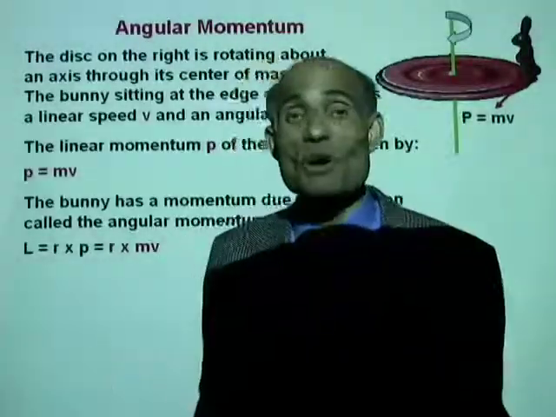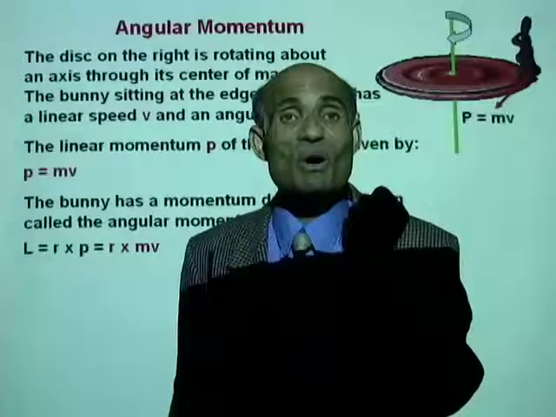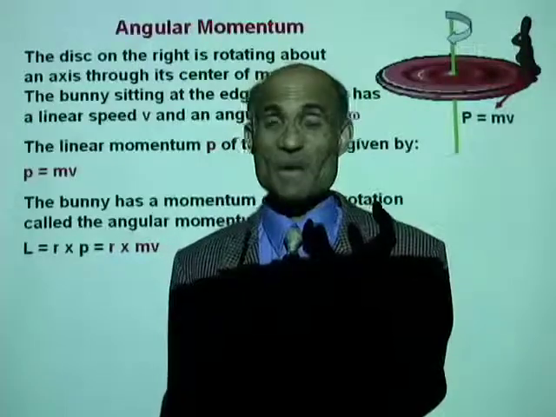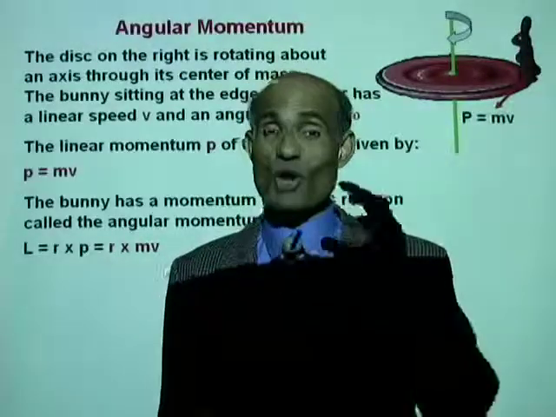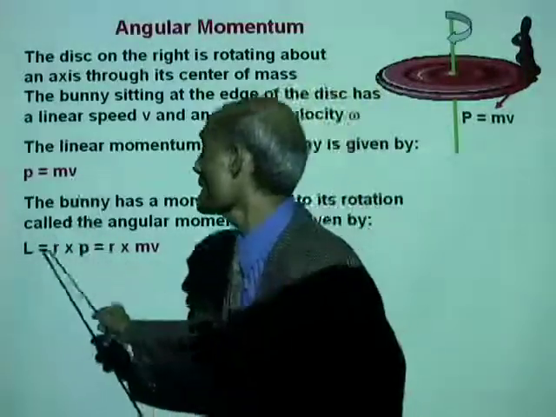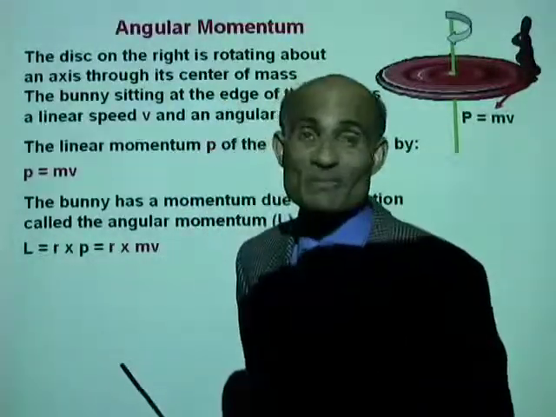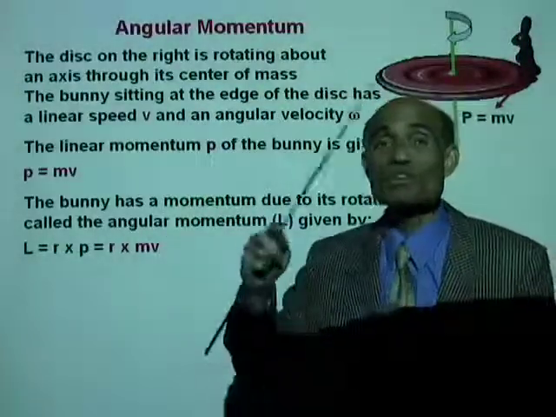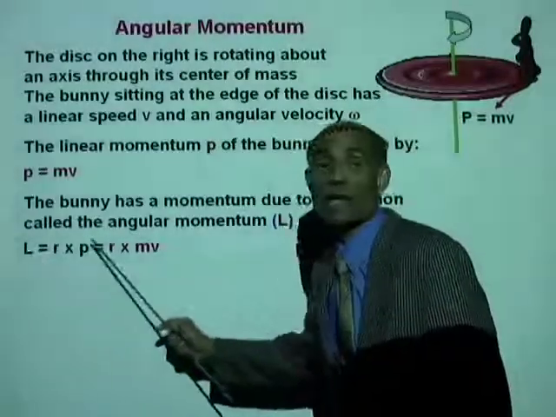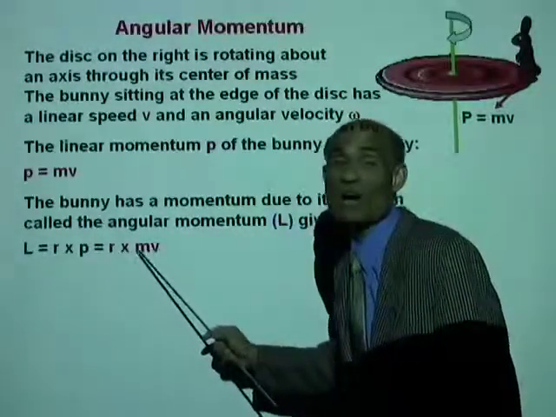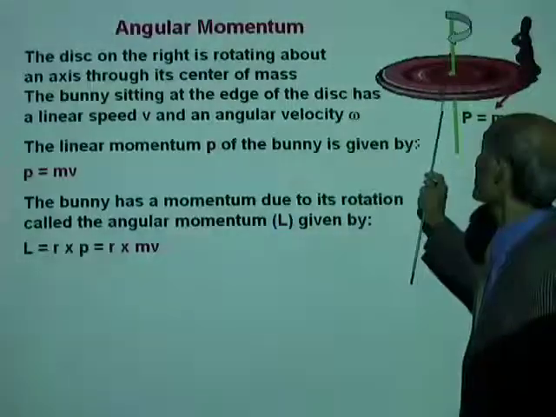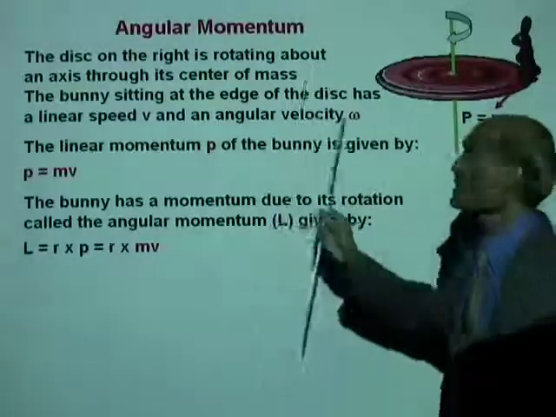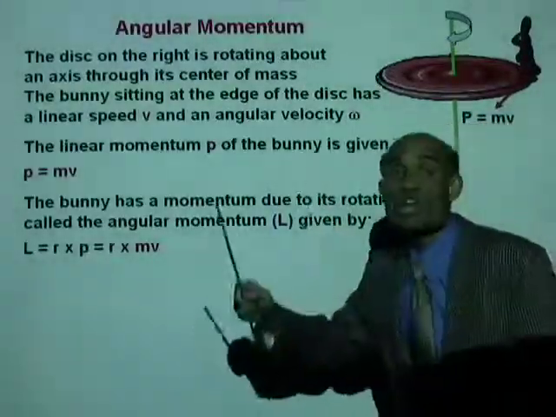So the angular momentum, look at the representation of the angular momentum, it is L. Well, I told you some time ago that all the quantities in rotational motion are represented by Greek letters. So far we represented everything by Greek letters. The only exception is the angular momentum, for which we will use L. The angular momentum of a rotating object is represented by L, and that is equal to r times mv, where r is the distance of the rotating particle from the axis of rotation, and mv is its linear momentum.